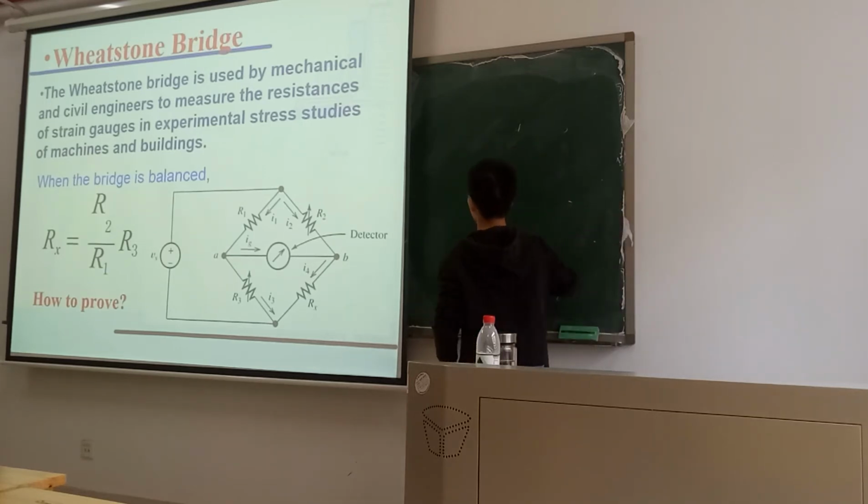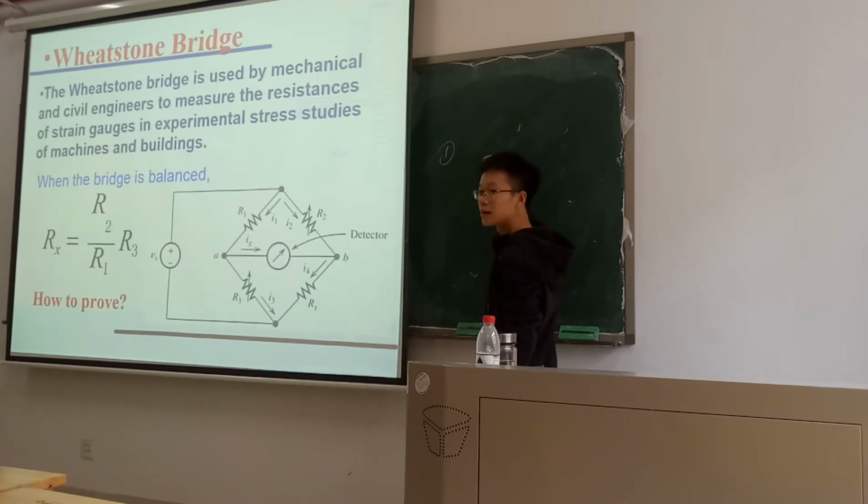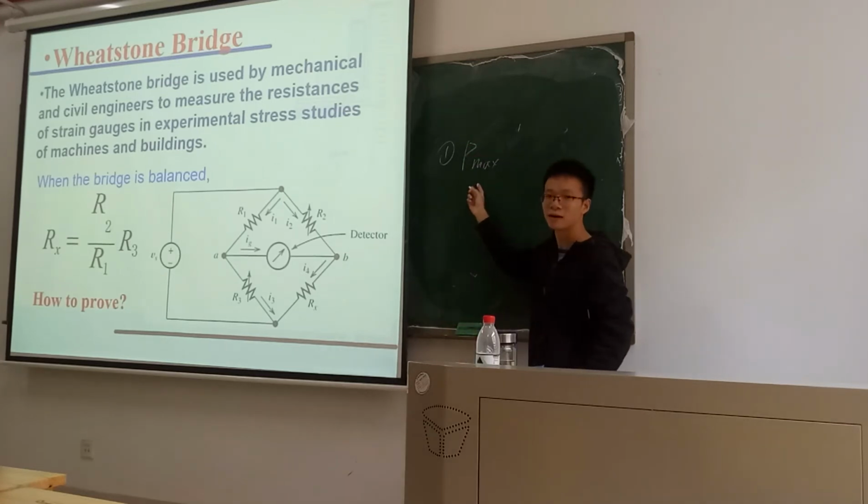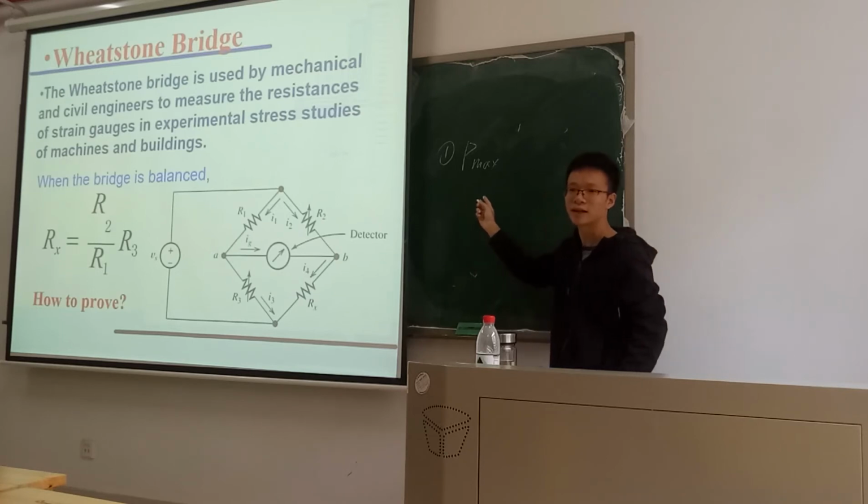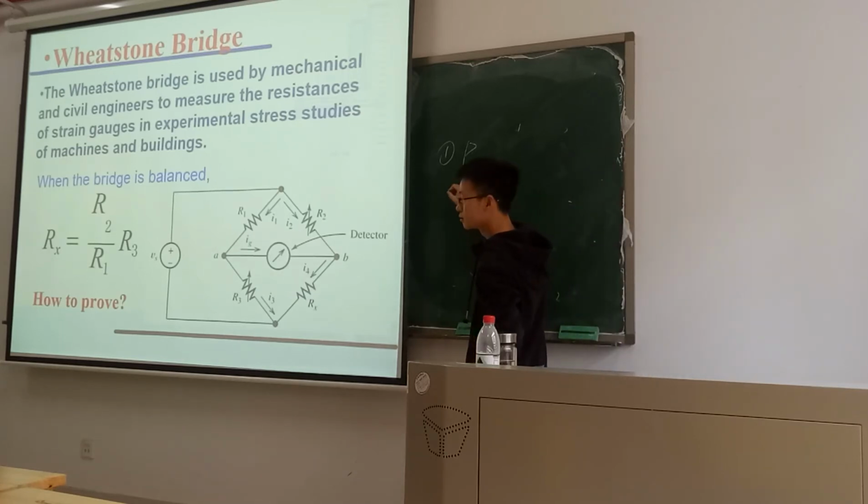The first is maximum power, PMMX, and how to get the maximum power of the two-terminal circuit. The first step, we transfer the circuit to the Thevenin's equivalent, right?